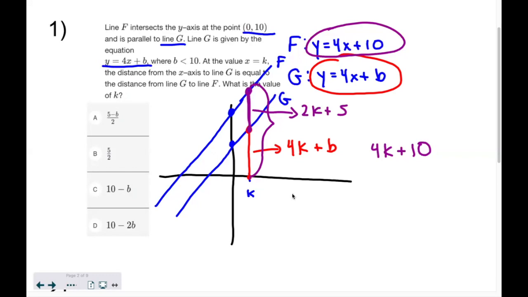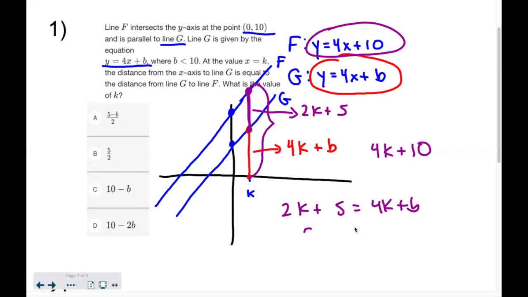And then you would just set these equal to each other because they say that they're equal. So 2k plus 5 equals 4k plus b. And they want the value of k, so I would just solve for k. I would subtract 2k from each side.